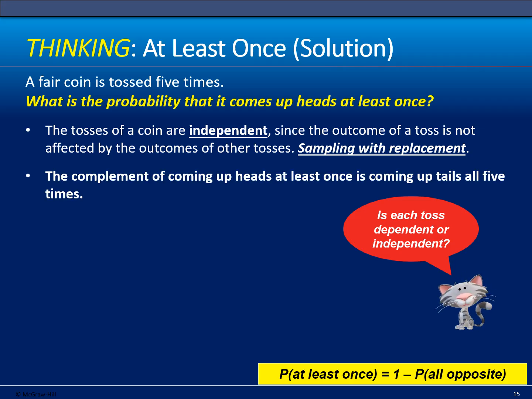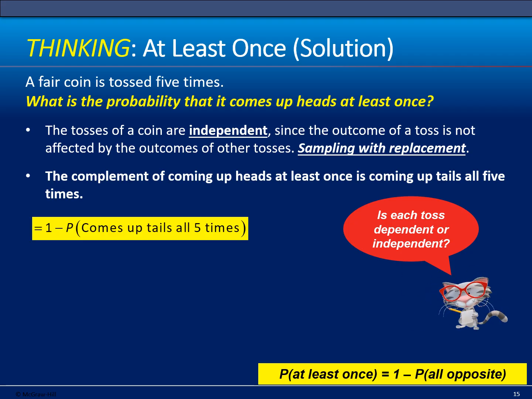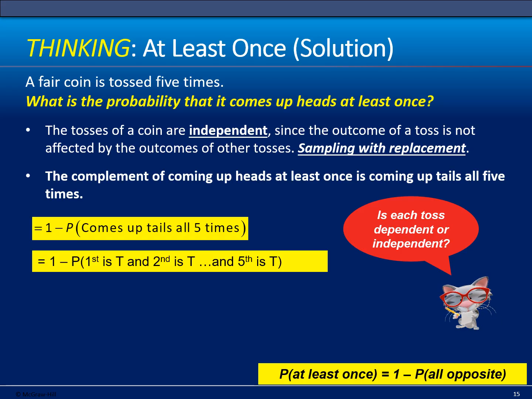The complement of coming up with heads at least once is coming up with all 5 tails. Okay, so the probability of the first coin being a tails is 1 out of 2. The probability of the second flip being tails is 1 out of 2. And all 5 have that same probability.